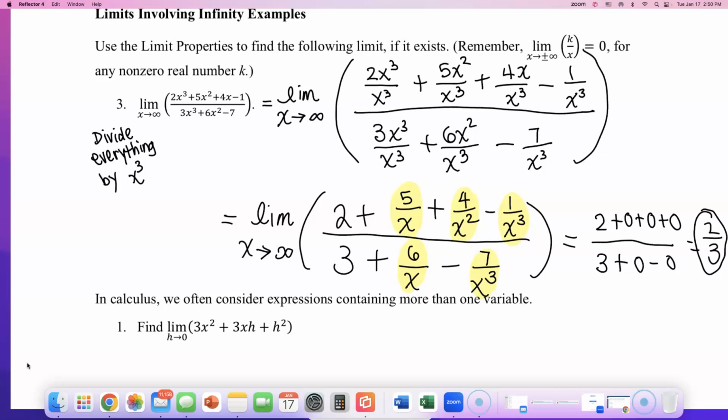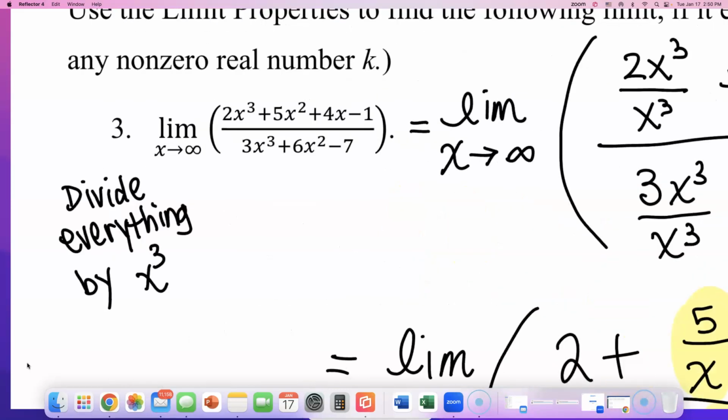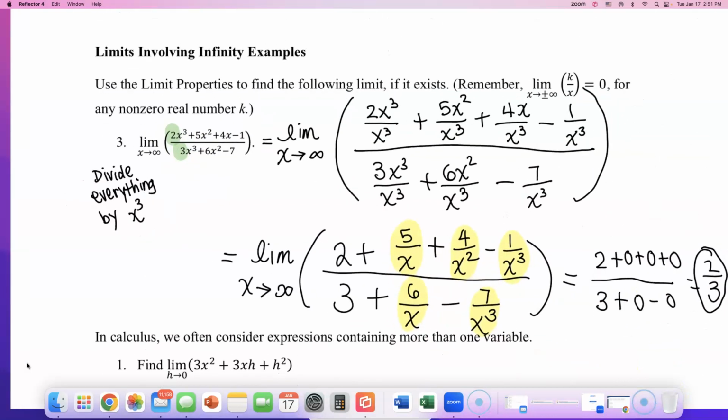And that is the ratio of the leading coefficients, 2 over 3. We get to use that method of just taking the ratio of the leading coefficients if the degrees of the denominator and the numerator are the same. That's something from Math 161 or pre-calculus. But I will ask you to show me all this beautiful work on your first exam, okay?